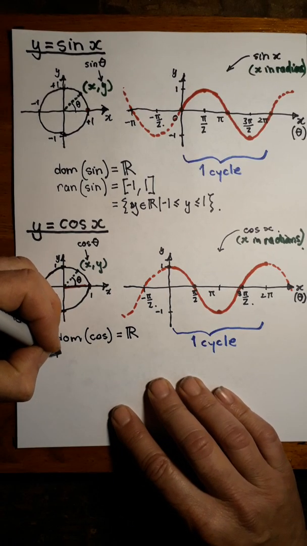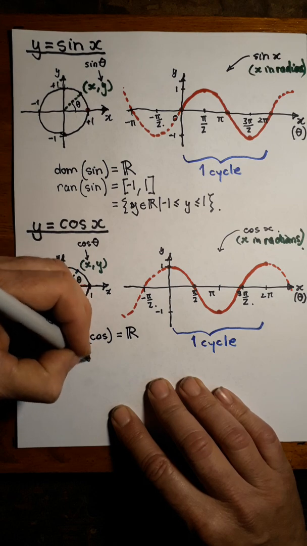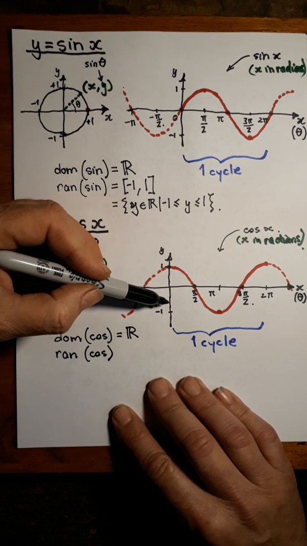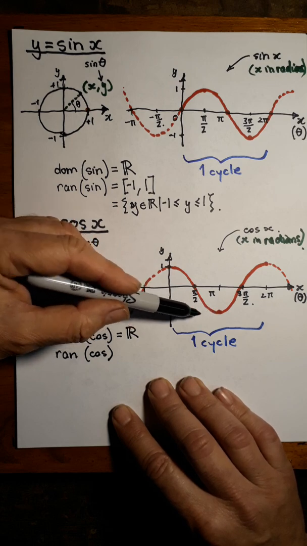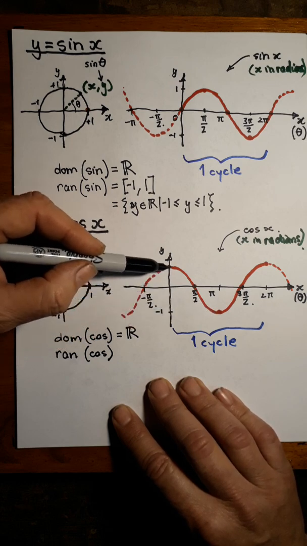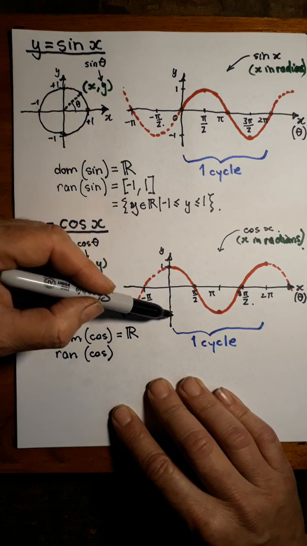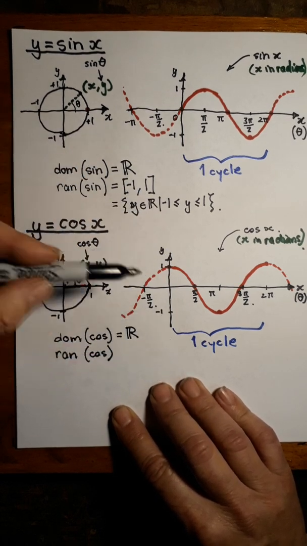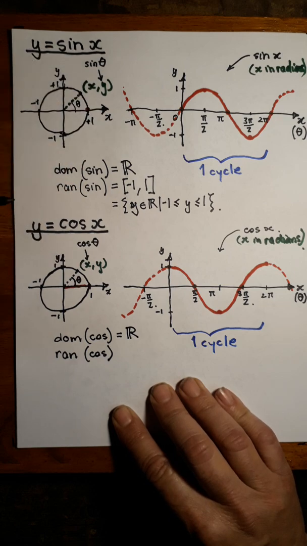And the range of cos, well, we'll have a look at the y values. It's only going to output between -1 and 1. Okay, there's no way we're going to get a 2 or a 3 or a -5 out of cos, just the same as for sine.